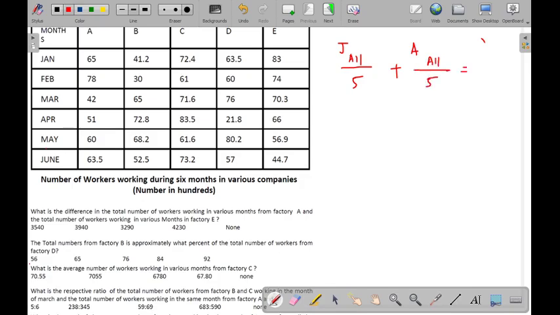Adding them, you'll get your answer. We'll again use the last two digit method in this problem. Let us first take Jan all. I'll first rewrite this equation, which is Jan all plus April all by 5. Since the value is the same, this will be the answer.